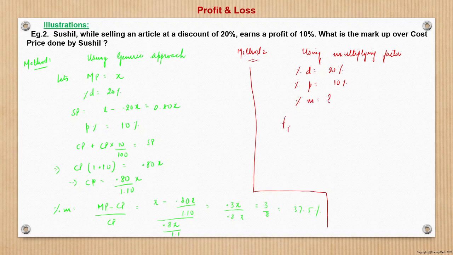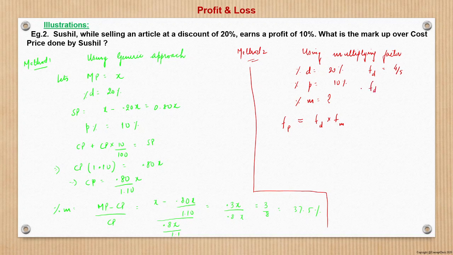However, we know that in multiplying factor terms, Fp is equal to nothing but Fd into Fm. If the percentage discount is 20%, the discount factor would be 1 minus 20 by 100, which is 1 minus 1 by 5, which is 4 by 5.